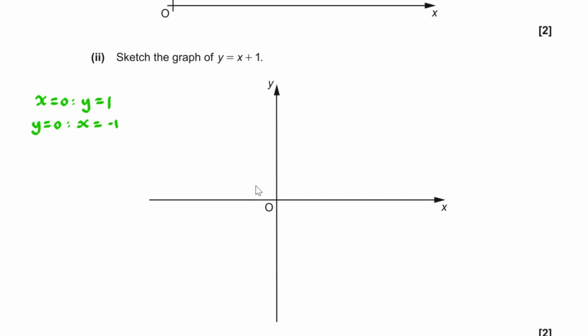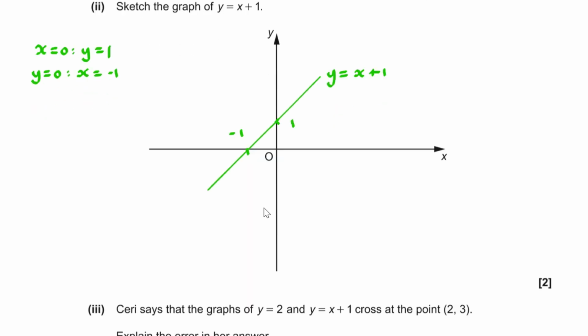And therefore here, we'd have a straight line with a constant gradient of 1, crossing the x-axis at negative 1, the y-axis at 1. Here you can see we've got the graph of y equals x plus 1, crosses here at the point minus 1, and crosses here at the point 1.